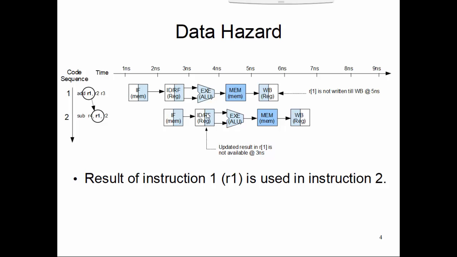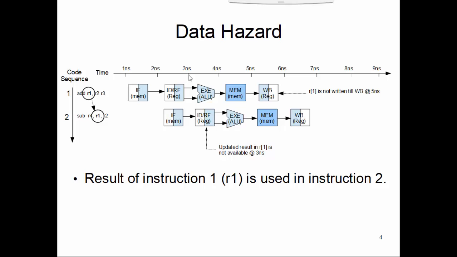But the updated value of R1 will be available only after the write back of the first instruction is done. The write back is the only stage when we commit the result to the register file. So the updated result from the first instruction is available only after 6 nanosecond, whereas you are trying to access the updated result at the beginning of the 3 nanosecond.